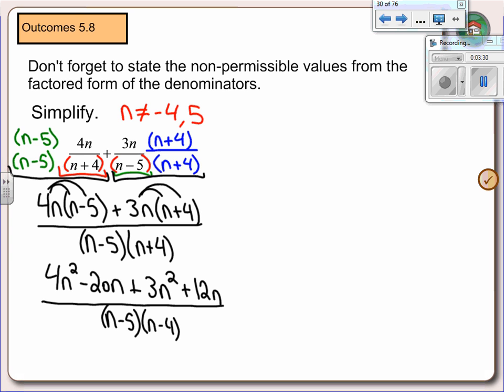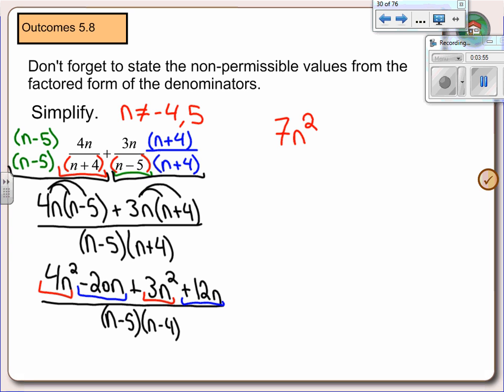So we've multiplied everything out, and the reason we multiplied everything out was that we wanted to get some like terms that we can combine. So you see right here we have 4n squared and 3n squared. That's going to add together to be 7n squared. You see we have negative 20n plus 12n.